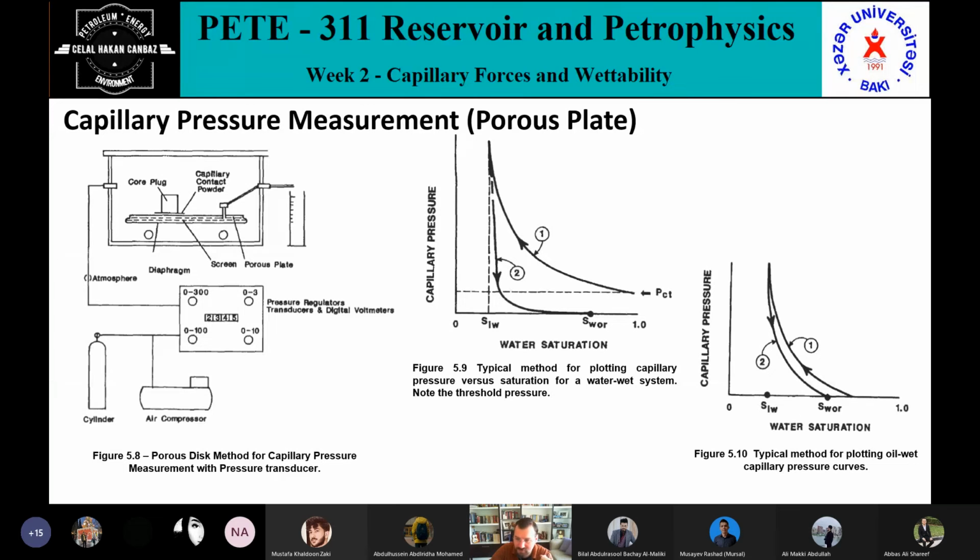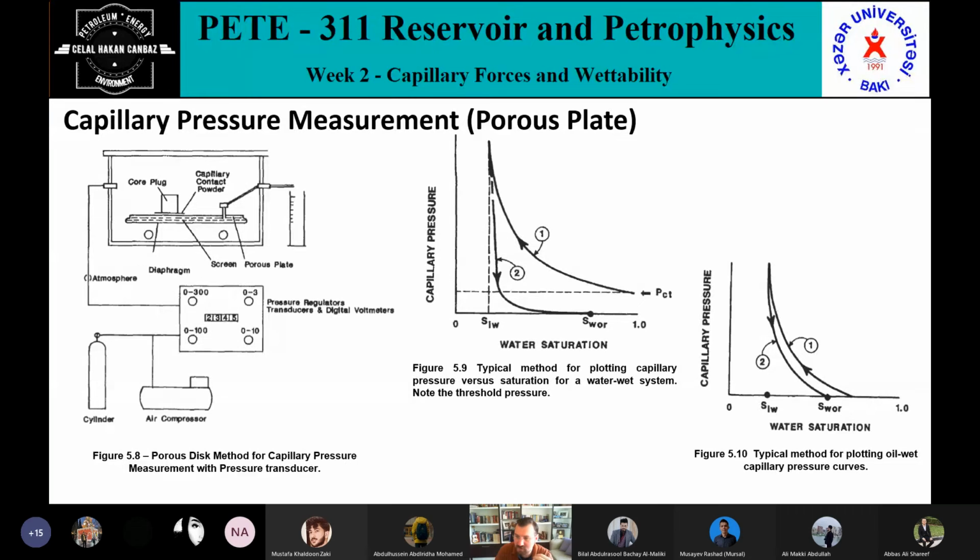So to prevent this, salty waters, which we call brines, can be used. I saturated my core with water 100%. Then it is placed on this porous disc, which is also saturated with 100% water. The powder in there is saturated as well.